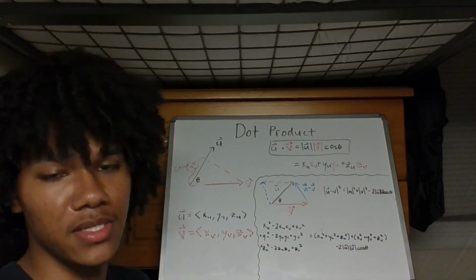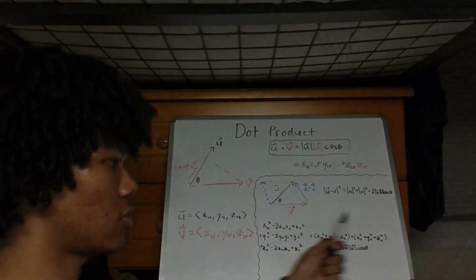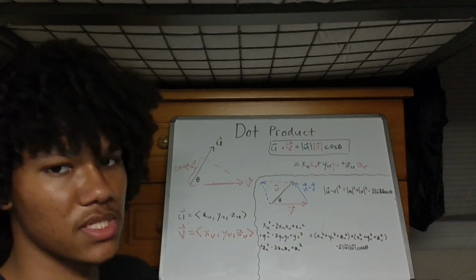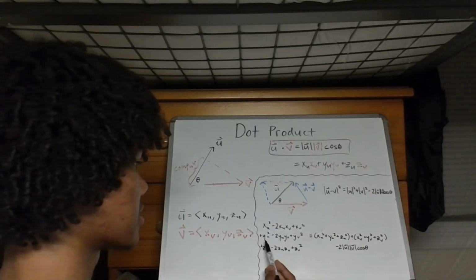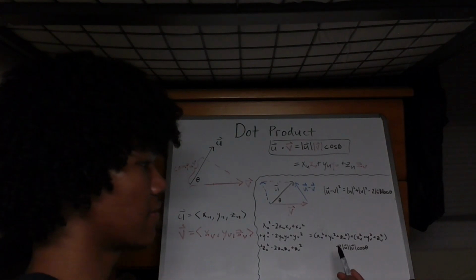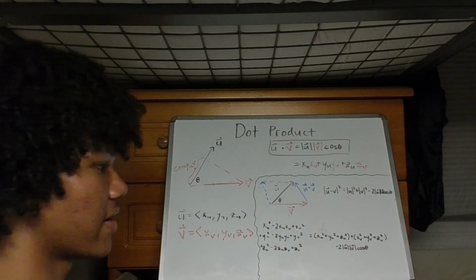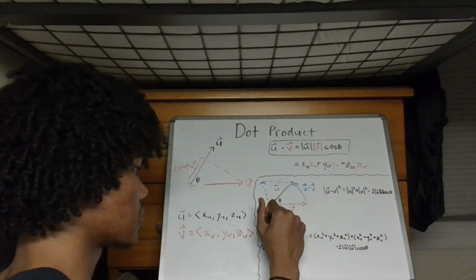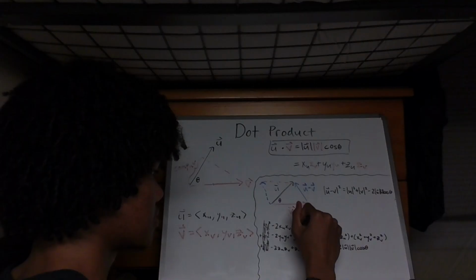Now that we've expanded the important parts of this equation right here, we have a whole lot of this, but notice that there's a lot of terms that can be canceled out. So I'm going to cancel out from this side: we have the squares of the x components of each of u and v. So I'm just going to remove that from the equation overall, cross these out and then cross these out.